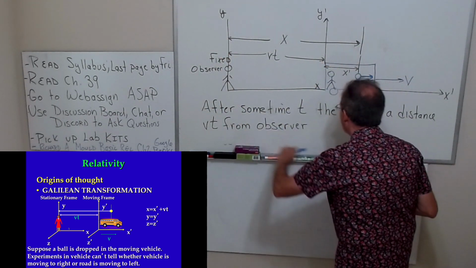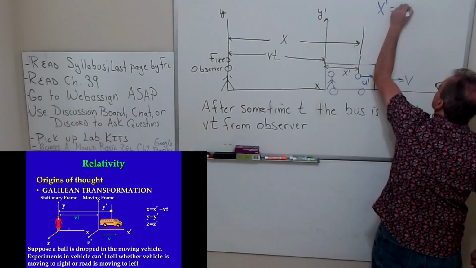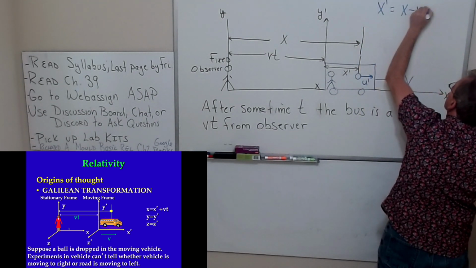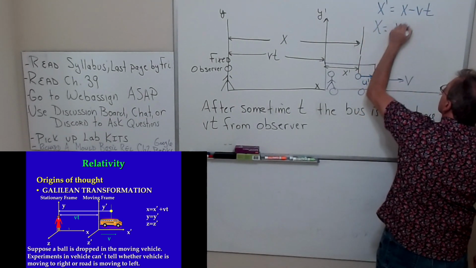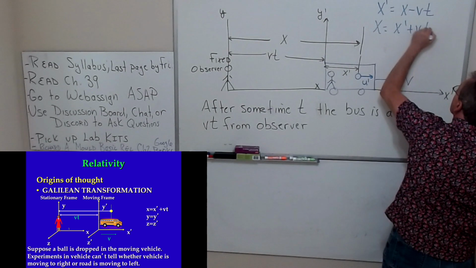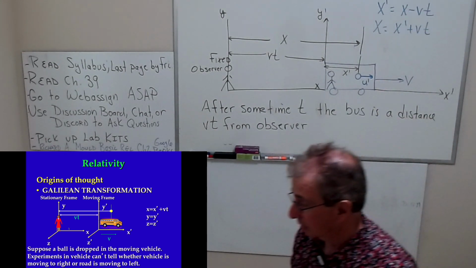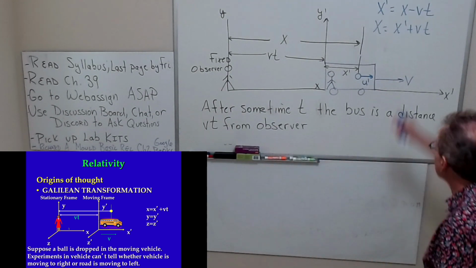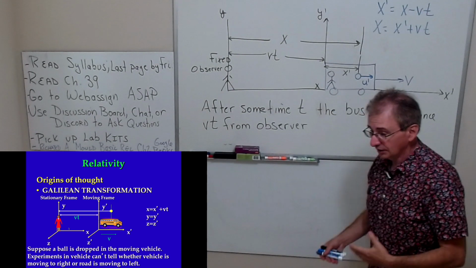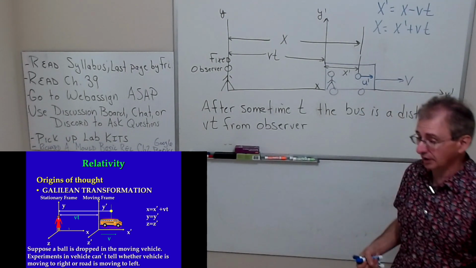Isn't x prime equal to x minus vt? Do those make sense to you? Those should make sense for you. Well, that's the Galilean transformation. That's how you transform measurements between one coordinate system and the other.